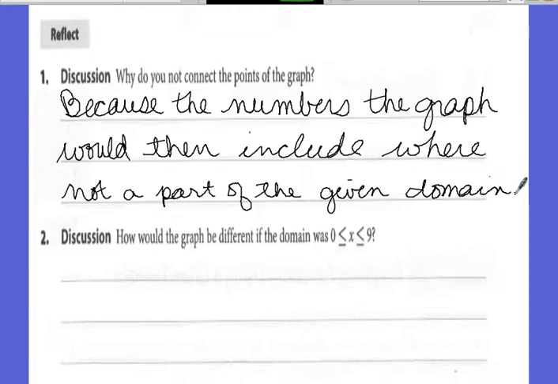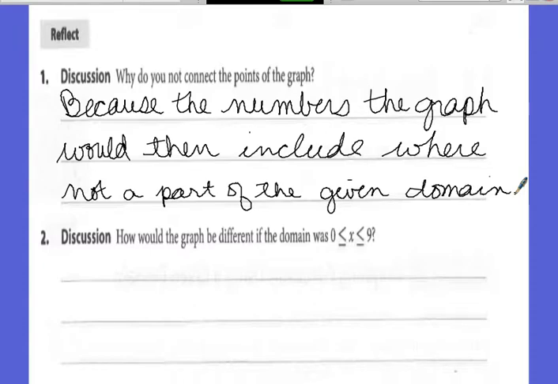So I can't graph things that I don't have information for. And in this case, they said we only want you to graph points for 0, 3, 6, and 9. So I can't connect the dots because then I would be graphing other pieces.